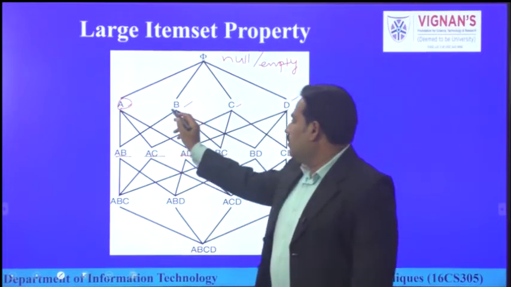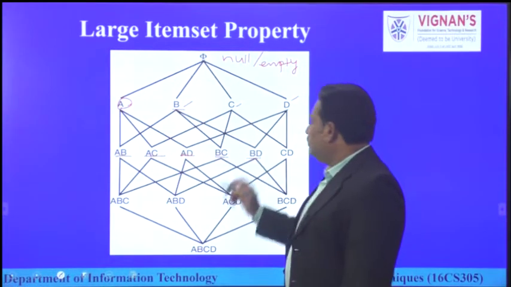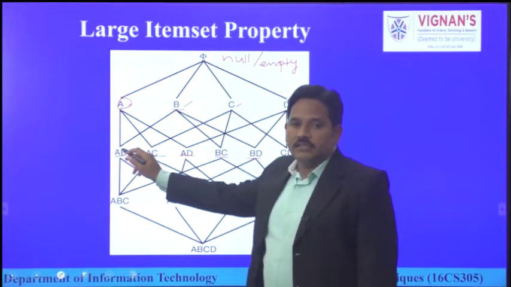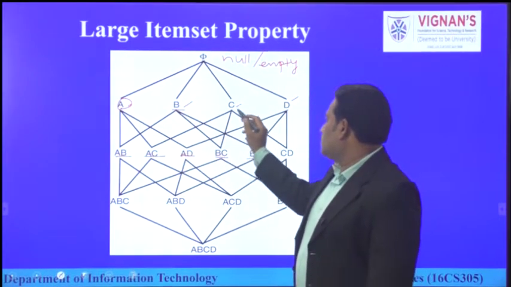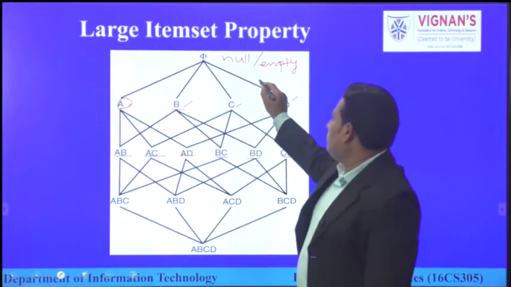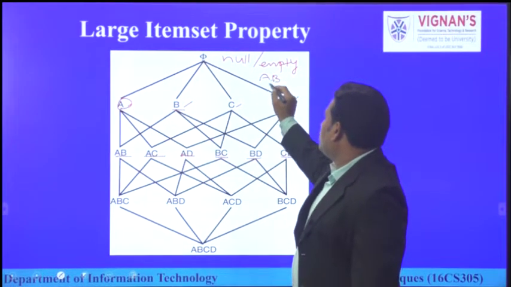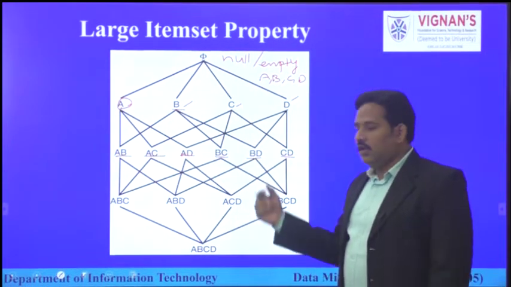Similarly, we create combinations with B: BC and BD. A and B were already taken, so we are not taking BA again. Next, the C and D combination is CD. So initially we have 4 items, A, B, C, D, and using these we want to form item sets.